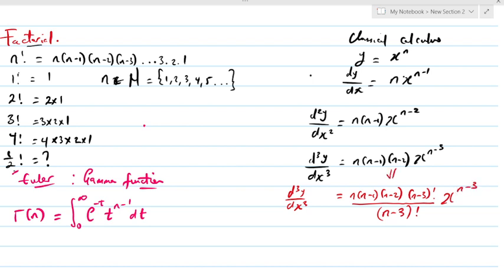I believe that this is still equal to this, right? Good. So now, instead of this n times n minus 1, n minus 2, n minus 3 factorial, I can just write it as n factorial. Agree? Good. Over n minus 3 factorial, and then x raised to the power n minus 3. So that is the third derivative d^3y/dx^3.